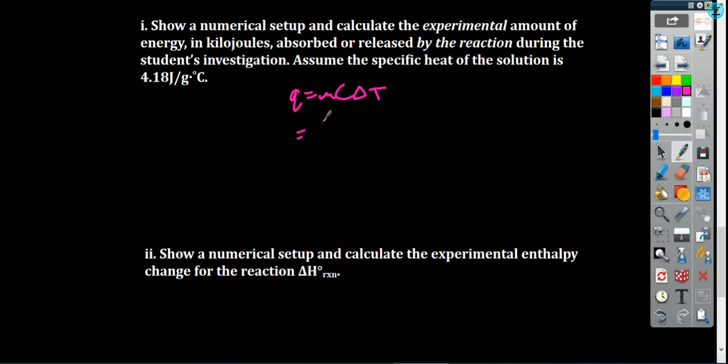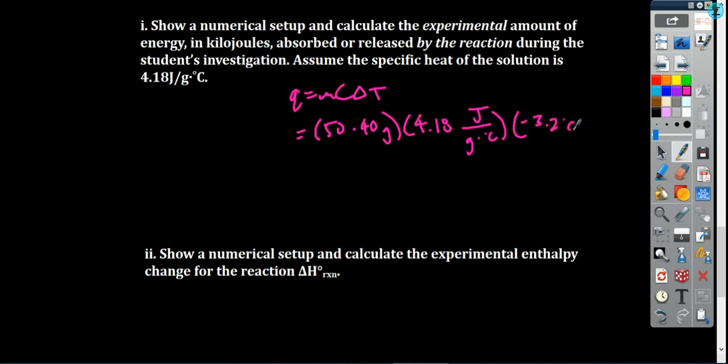The mass of the solution is still going to be 50.40, just like we did with the perfect conditions on paper. We're still assuming 4.18 joules per gram degree Celsius, but experimentally we determined our temperature change to be negative 3.2.